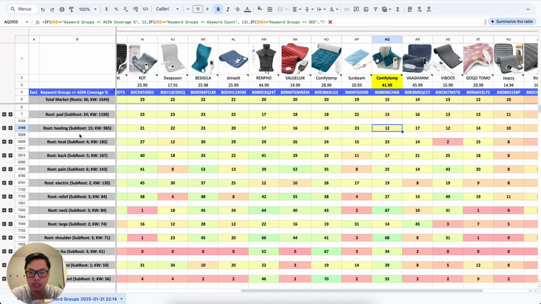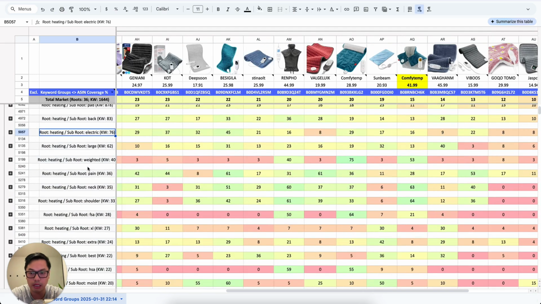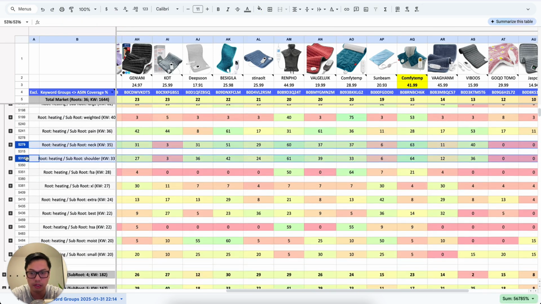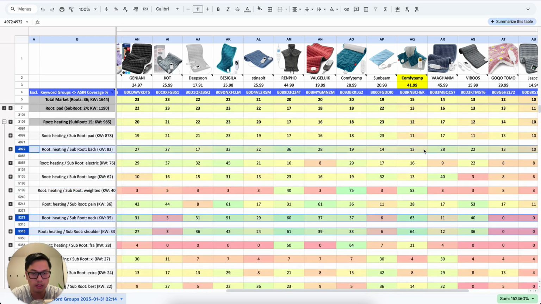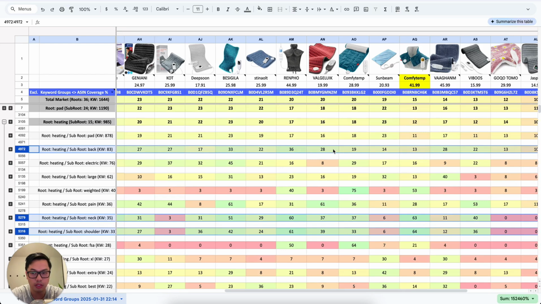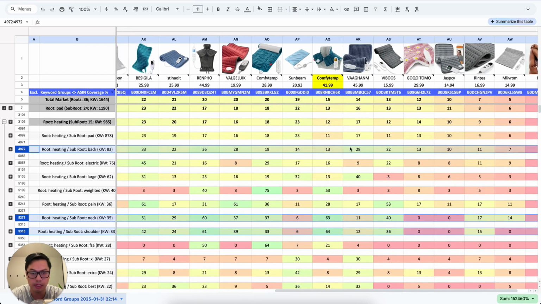So my hunch is these ones here are probably failing because I'm probably doing great on the neck keywords, which it's showing here, and the shoulder keywords, but I am not excelling most likely in the back keywords. So I'm at 13, right? You can see the huge difference between neck and shoulder versus back, and I am much lower compared to everyone else, which makes a lot of sense.